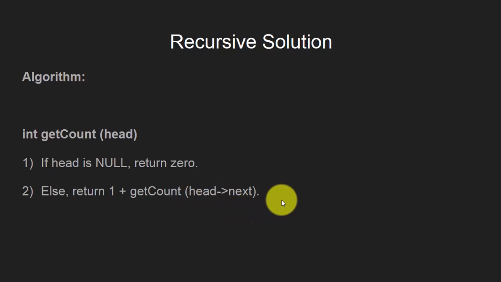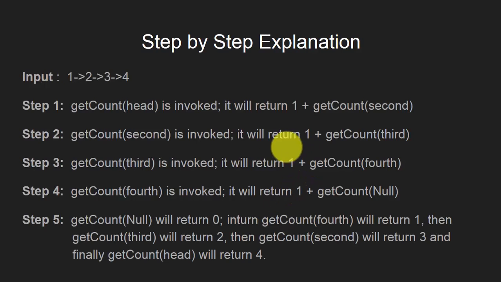Let us now understand this algorithm with the help of an example. Consider a sample input linked list as shown here. The function getCount is first invoked by passing the head node of the linked list. This will return 1 plus the remaining nodes of the linked list, that is 1 plus getCount function is invoked by passing the second node.